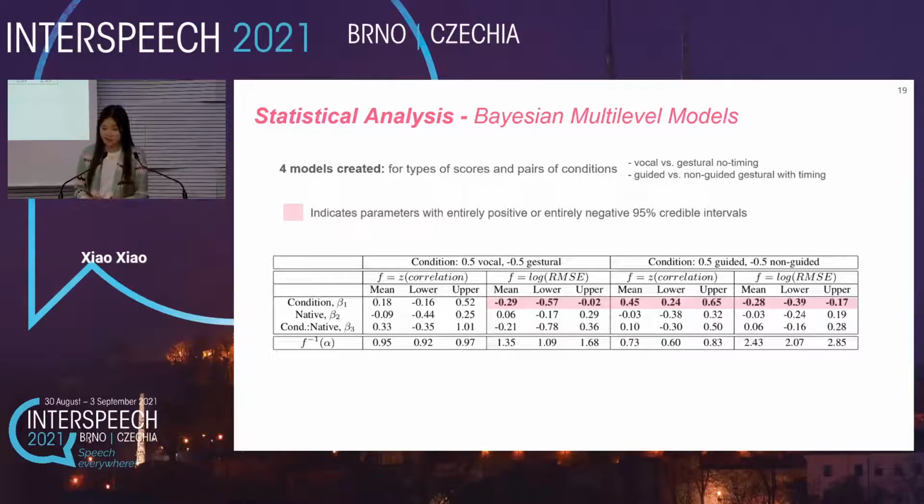Four models were created for the different types of scores and for different pairs of conditions. We looked at vocal versus gestural with no timing, and guided versus non-guided gestural with timing.